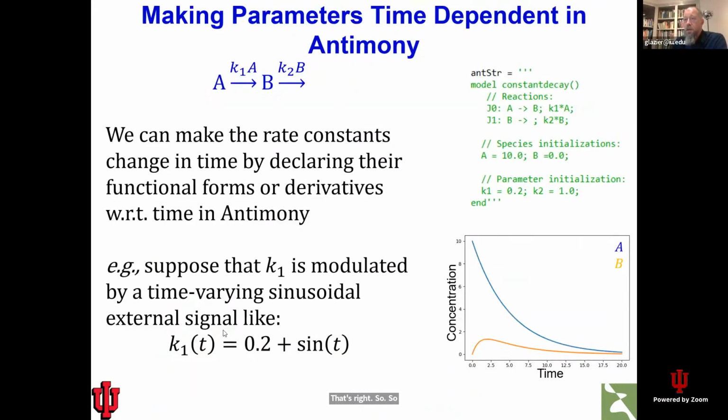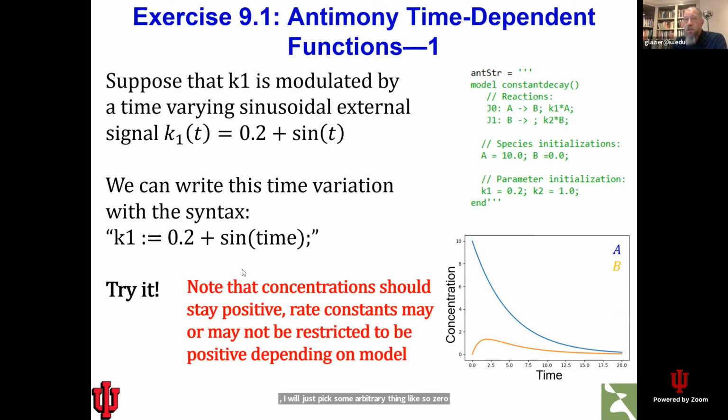So here we want K1 now to be a function of time, the rate of reaction. I will just pick some arbitrary thing like 0.2 plus sine of time. And we're going to use the syntax colon equals. A regular equal sign is evaluated only when you do the load A. Colon equals is updated continuously in time.